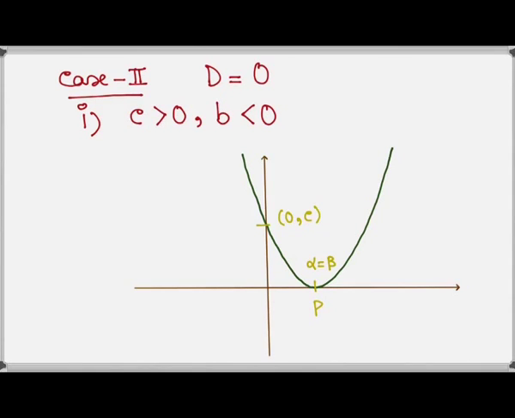The coordinates of the vertex P are alpha, 0, which is the same as beta, 0. So in this subcase, alpha and beta both are real and they are the same. In fact, we can more clearly write P has coordinates minus b by 2a, 0, and here alpha is equal to beta is equal to minus b by 2a.